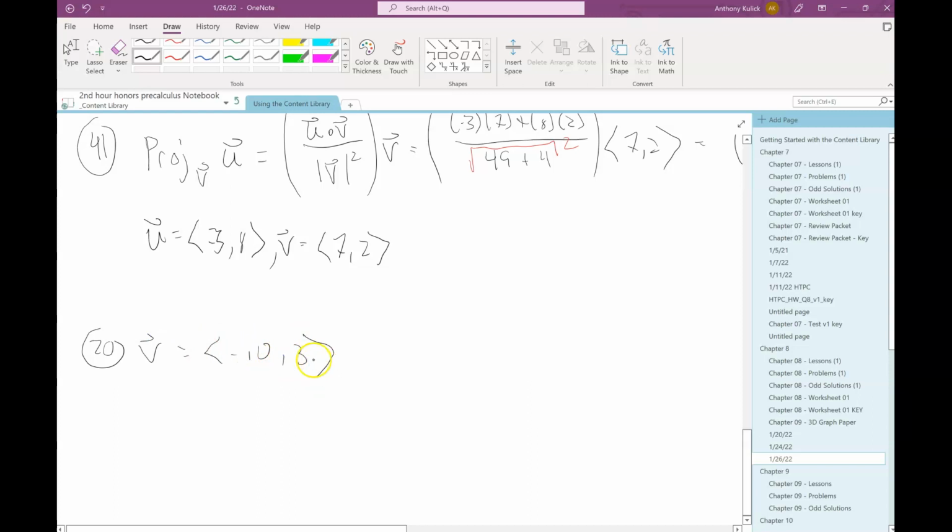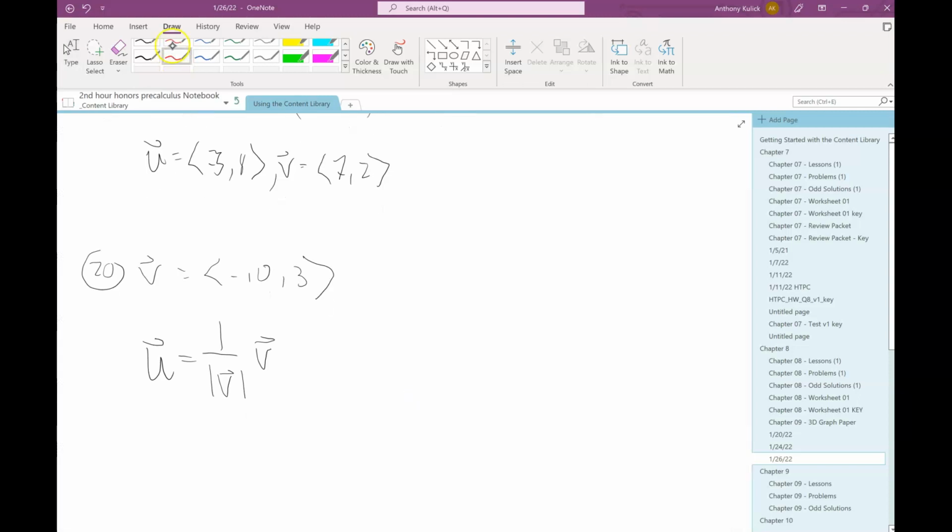My formula for a unit vector in the same direction is 1 over the magnitude of v times v. Negative 10 squared plus 3 squared is 109.